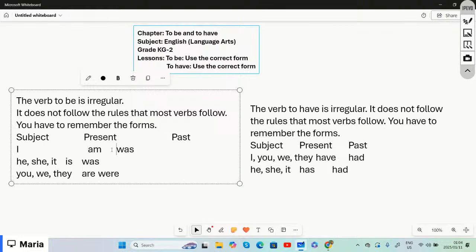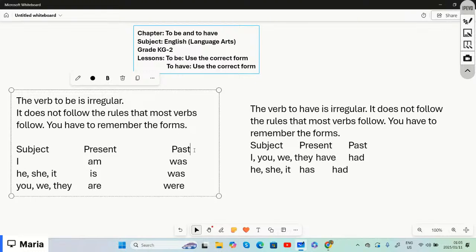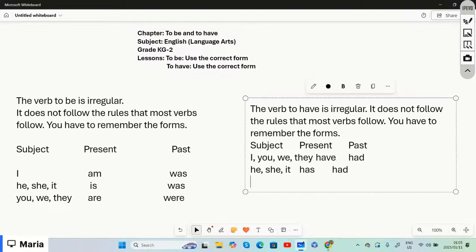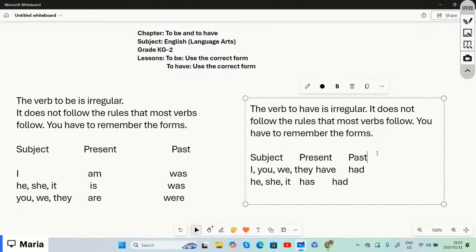And the lessons that we are going to be focusing on under the chapter of to be and to have are to be, use the correct form, and also to have, use the correct form.